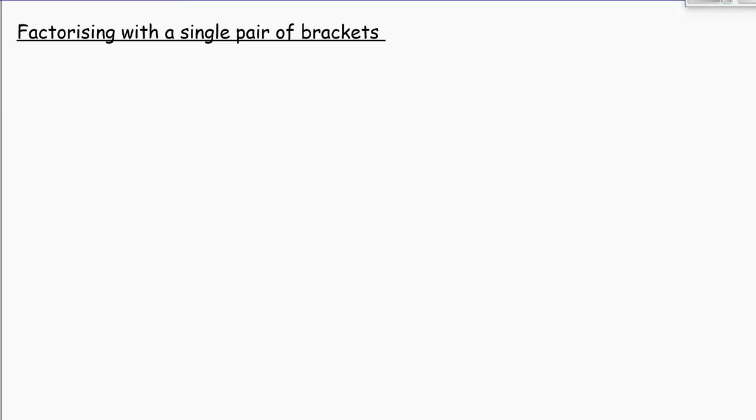Factorizing is the process of finding the factors and putting the brackets back in.